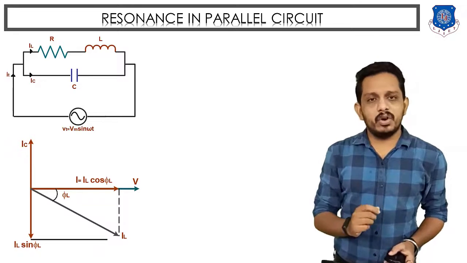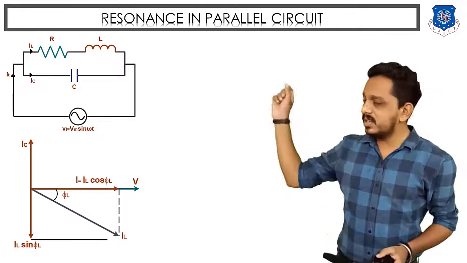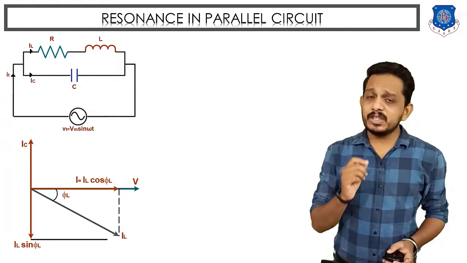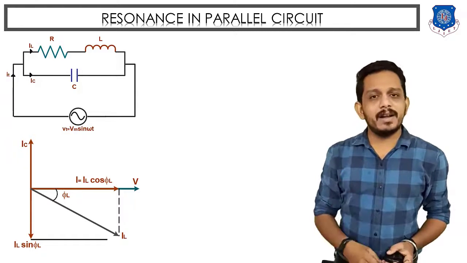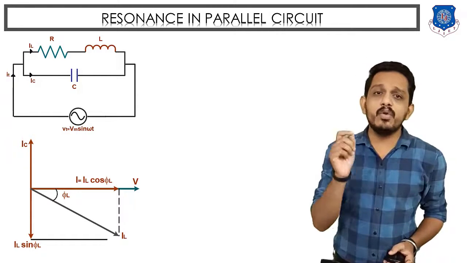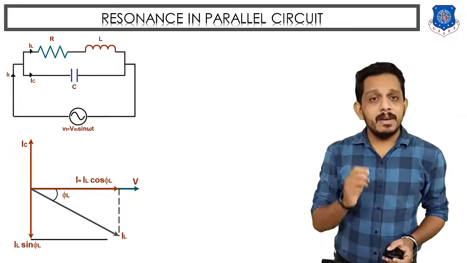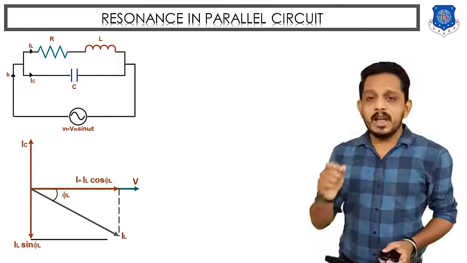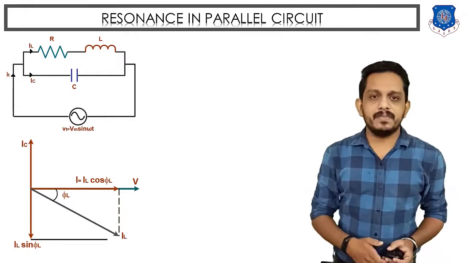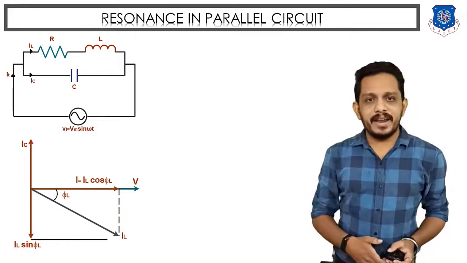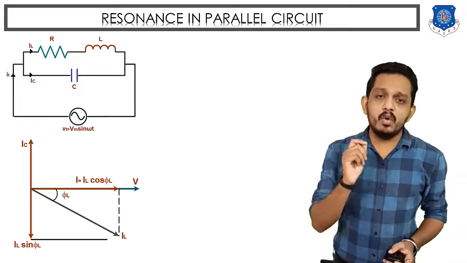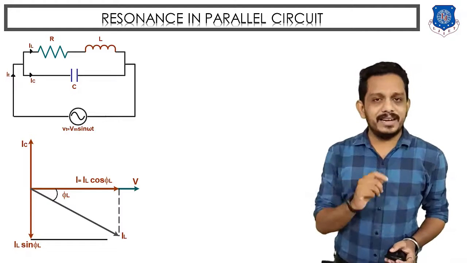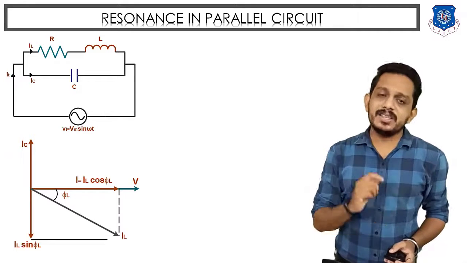So now let's draw the vector diagram for this parallel circuit. If you want to draw the vector diagram for this parallel circuit, then you have to take voltage as a reference, because in case of parallel circuit voltage is the same. On the voltage line we have to draw two different currents. One current is IL and another current is IC.